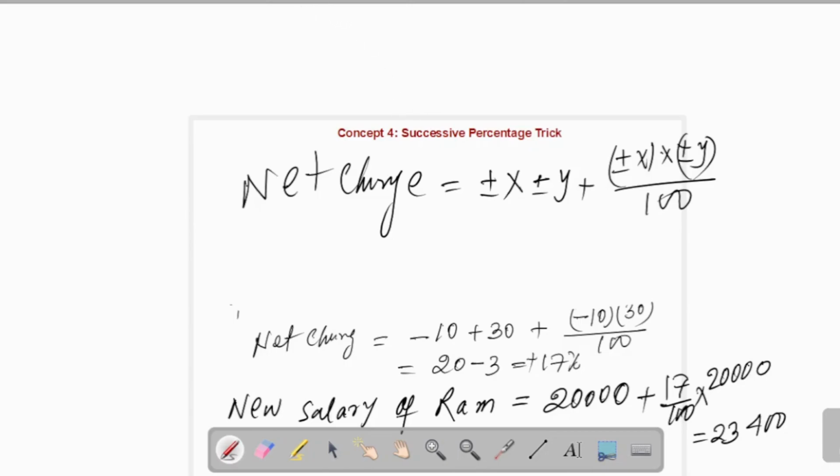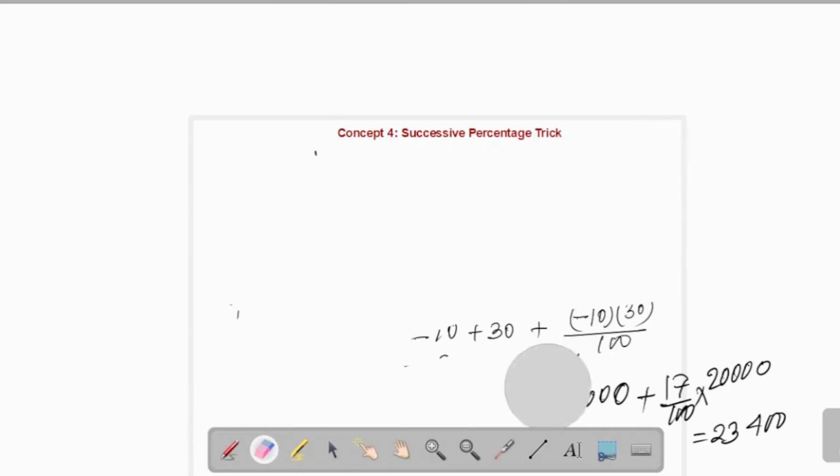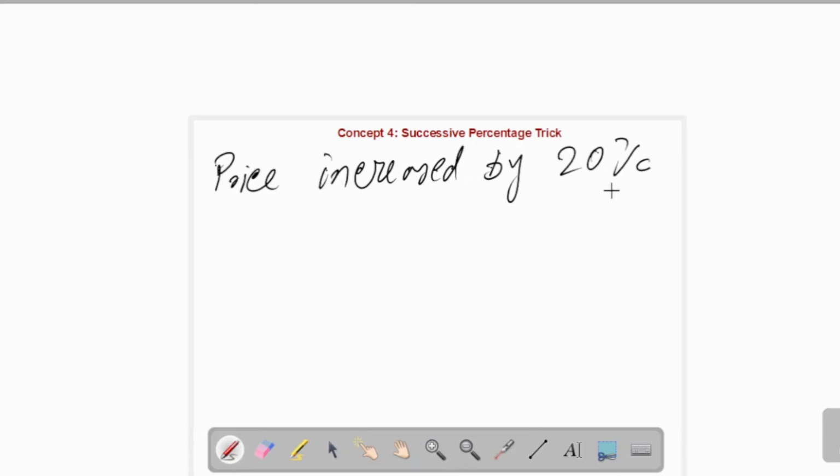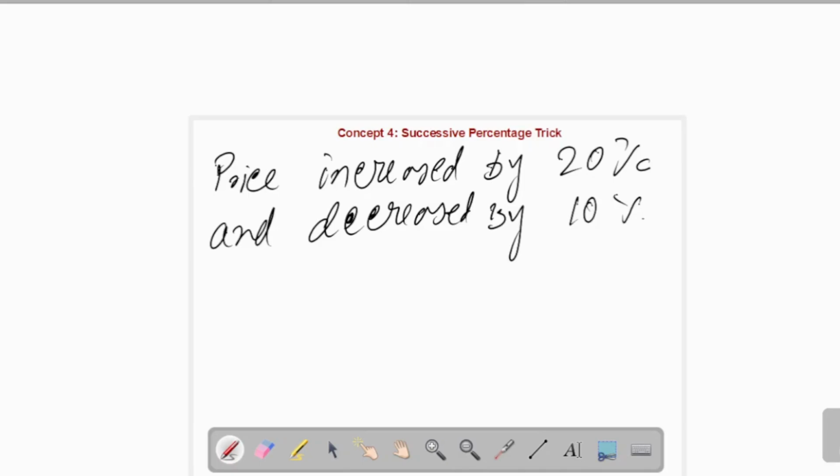So let us take another example very quickly. Price of any commodity increases by 20% and decreased by 10%. What will be the net change? So x is equal to plus 20, y is equal to minus 10. So let us calculate the net change.